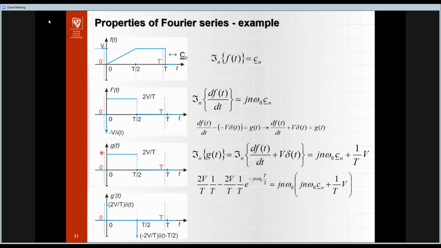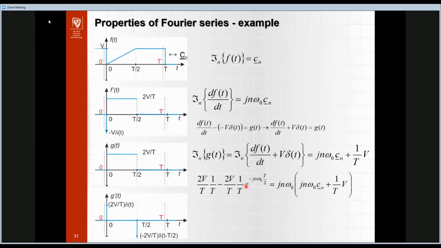When we differentiate this signal, we obtain 2 deltas here. The first delta has this amplitude and this transformation, and the second delta has the opposite amplitude, and it is also shifted in time.